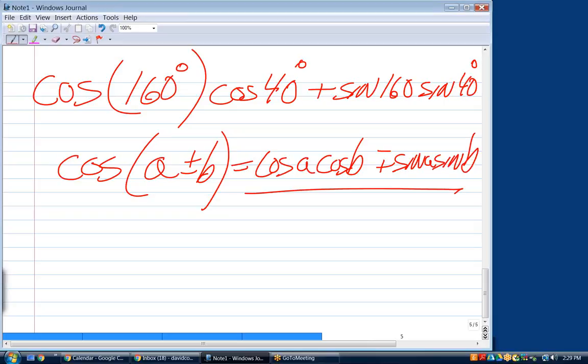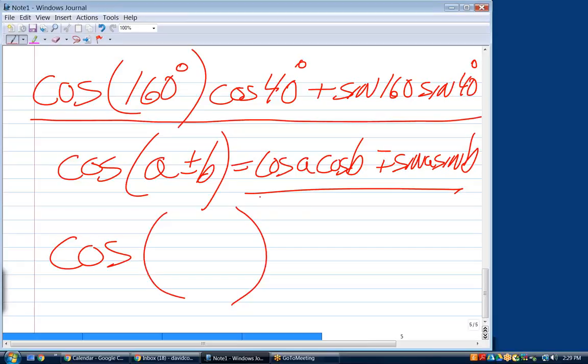So what is that the same as? Cosine of what? In other words, this is the information we have. That's the right side of the equation. So cosine 160 times cosine of 40? Not times. Remember, this is sum and difference formulas, so it's always got to be added or subtracted.